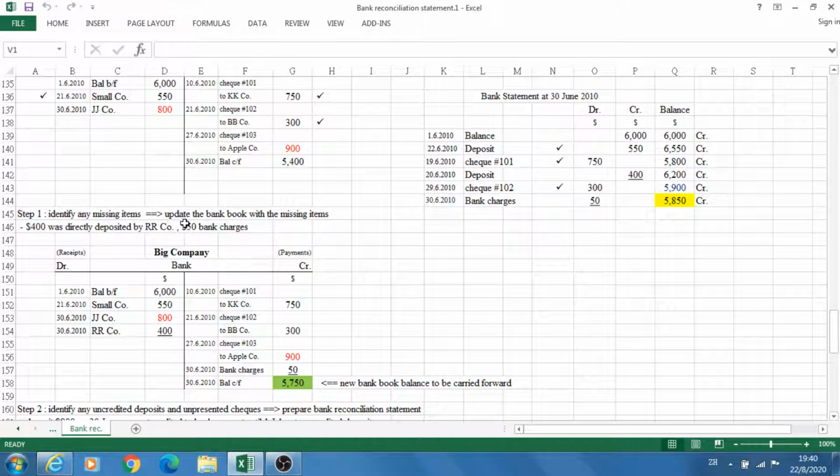Then update the bank book with the missing items: $400 deposit by our company, $50 bank charges. Then calculate a new bank book balance to be carried forward. Now the bank book balance is $5,750.